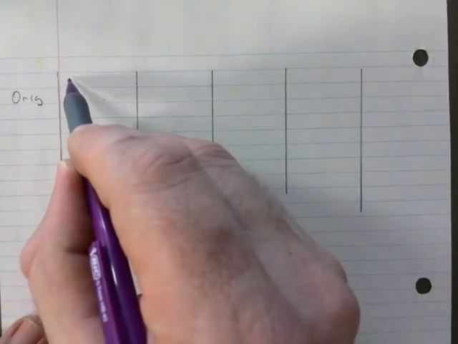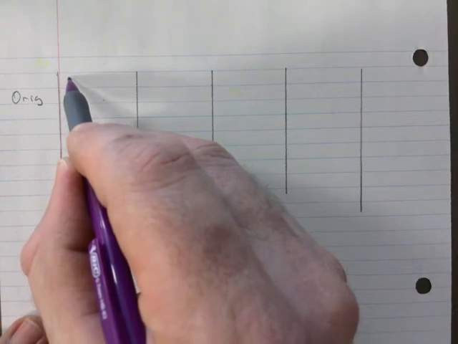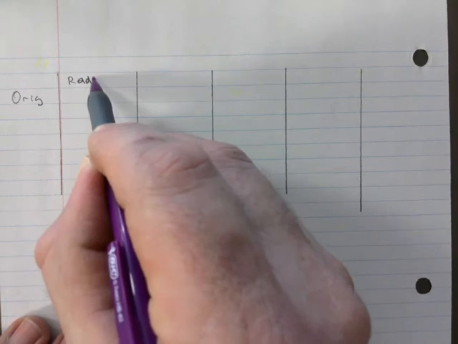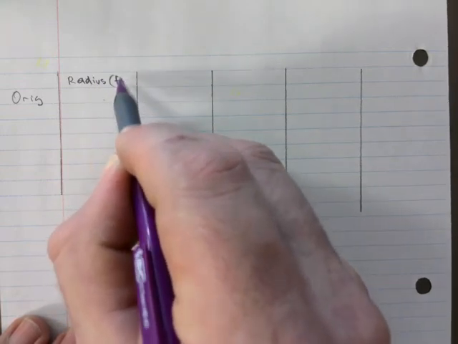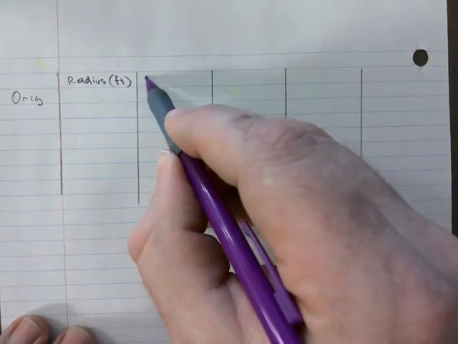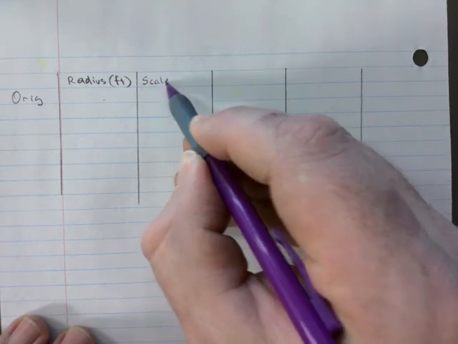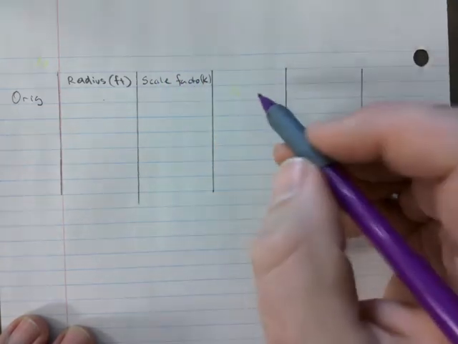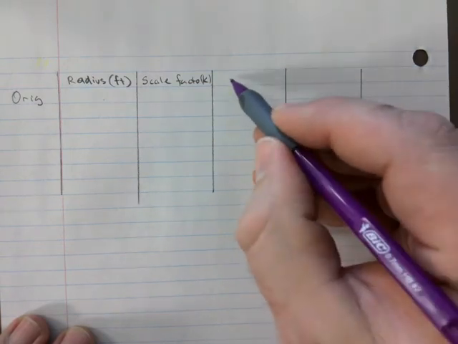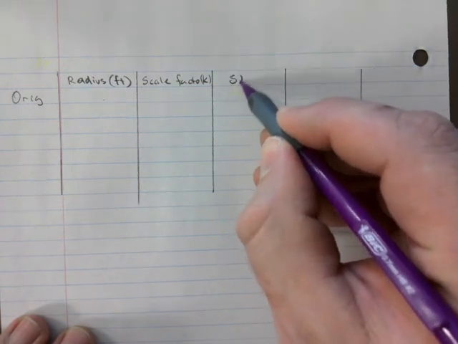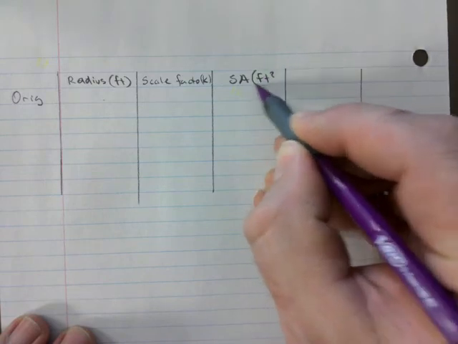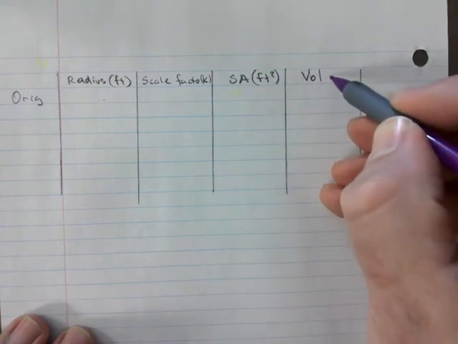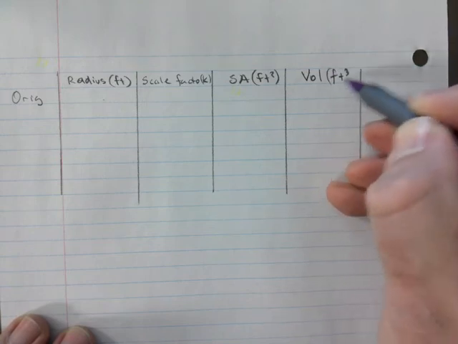We'll go with radius in feet, scale factor, surface area in square feet, volume in cubic feet.